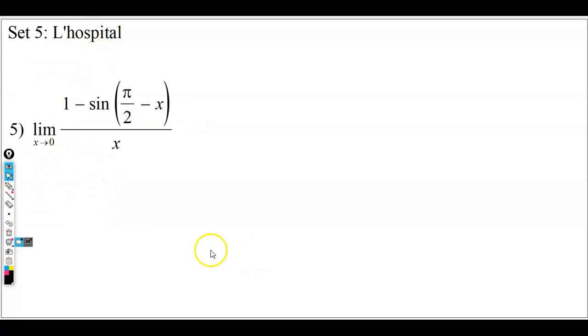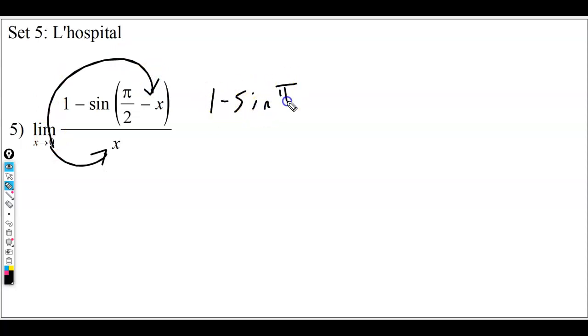More L'Hopital. These are just trig problems. So I'm going to treat them a little bit differently, but they're pretty similar. So direct substitution, if I do that, I'm going to get 0 on the bottom, which is not allowed. And also, if you plug in 0 up here, you end up with 1 minus sine of pi over 2.